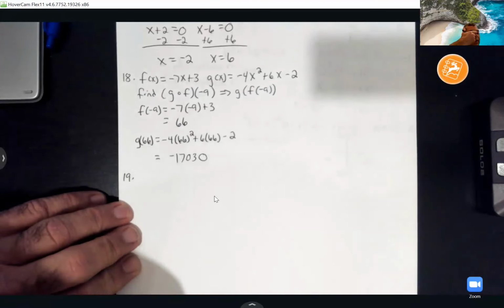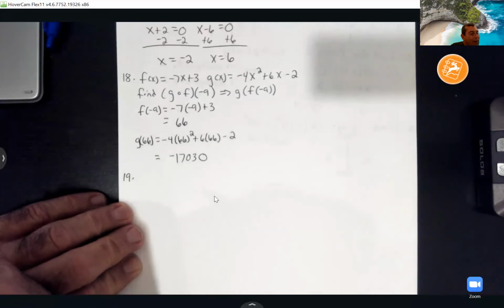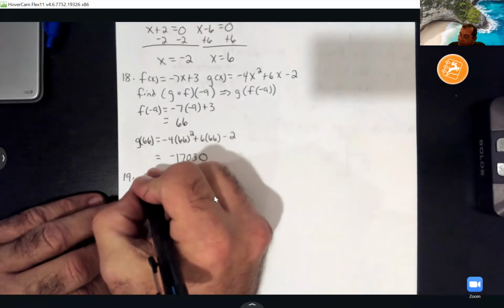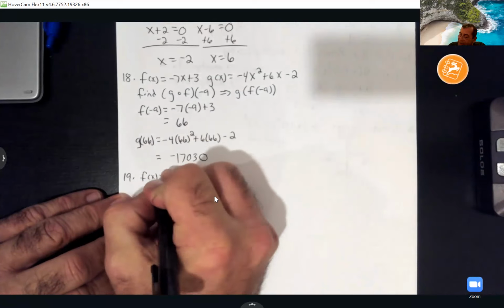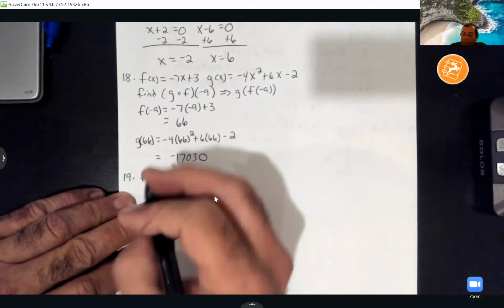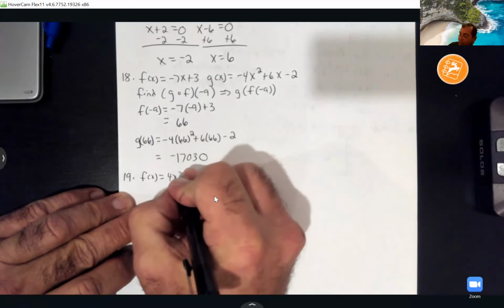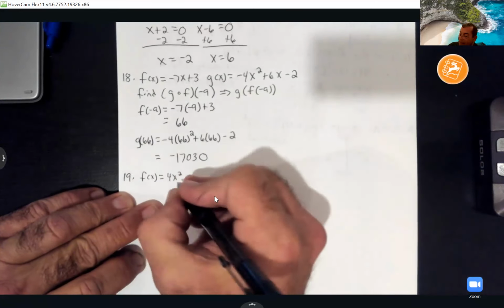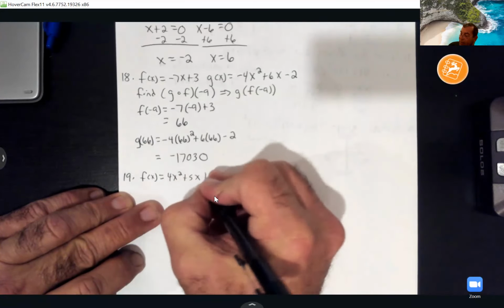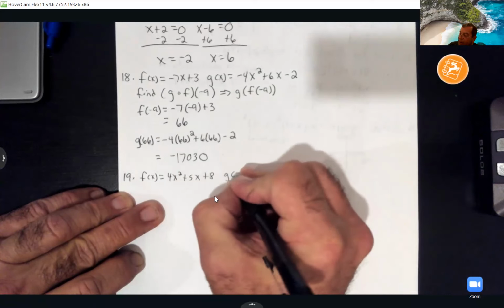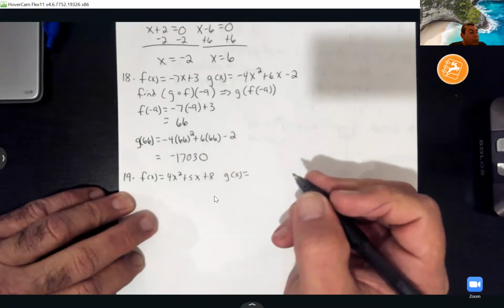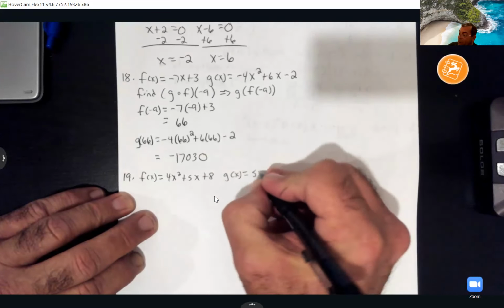All right, y'all, 19. Another one of these compositions. So f of x equals 4x squared plus 5x plus 8. g of x equals 5x minus 4.